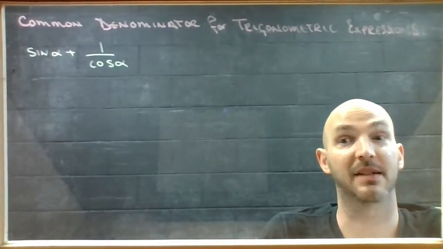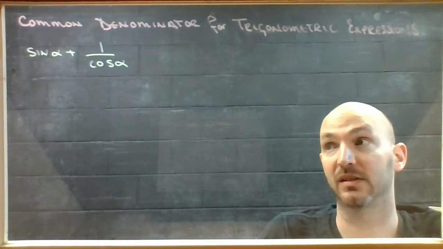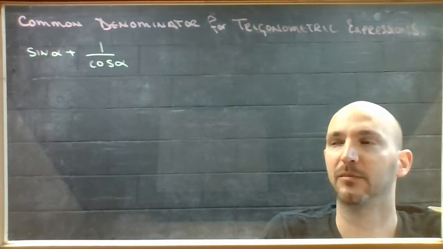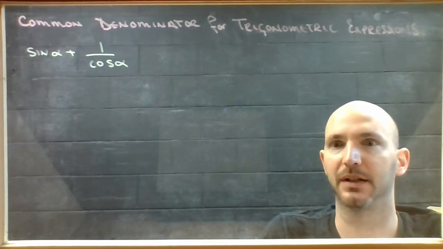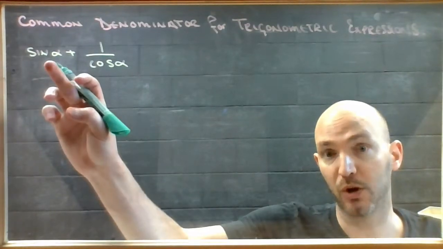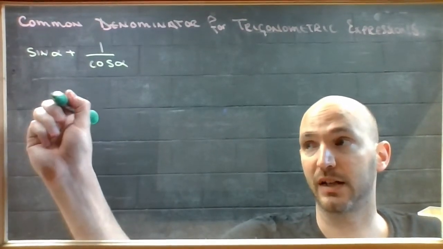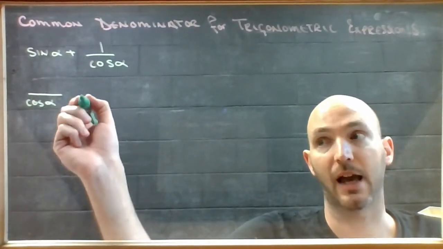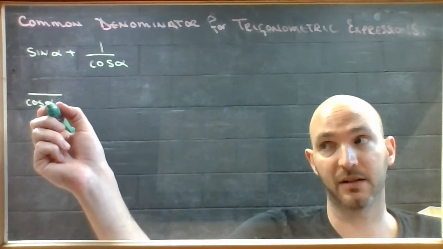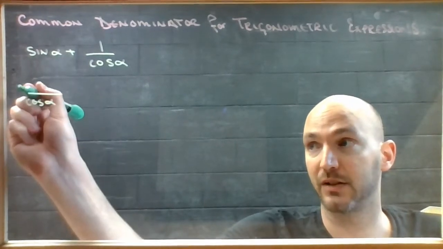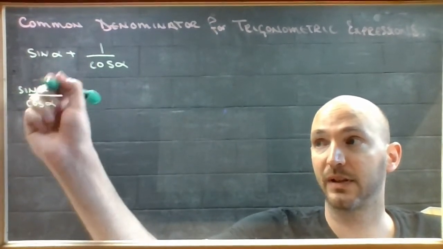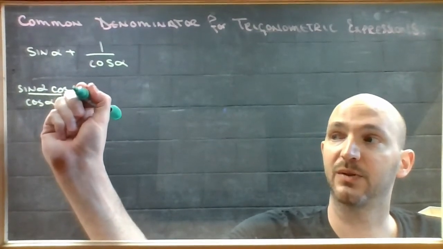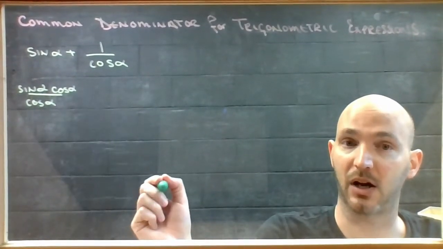So this one doesn't even look like two fractions. It looks like a thing plus a fraction. But that doesn't mean you can't common denominator it. This thing would be a fraction over cosine if I introduced one. As long as I introduce one in the bottom, I can do that as long as I put one in on top. So this sine alpha was already there, and I've introduced a cos alpha on top and bottom.